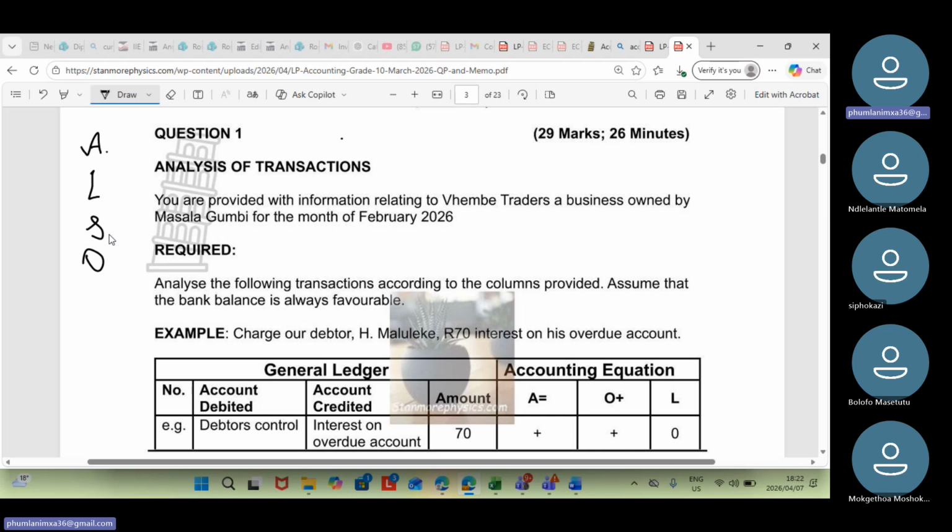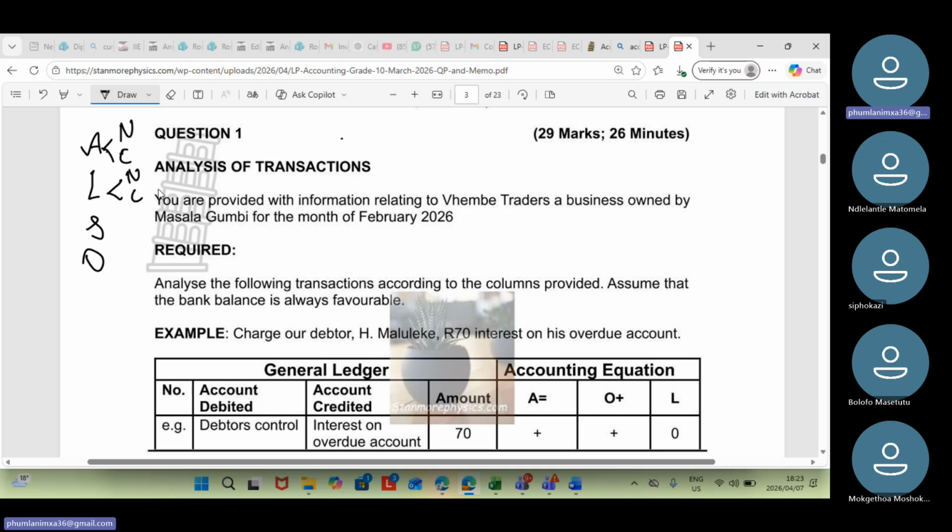On the side, you need to know what is an asset. Examples of assets. Know that under assets, we have non-current assets and current assets. Name current assets and ask yourself, what can increase current assets and decrease non-current assets? Liabilities, again, you have non-current liabilities and current liabilities.